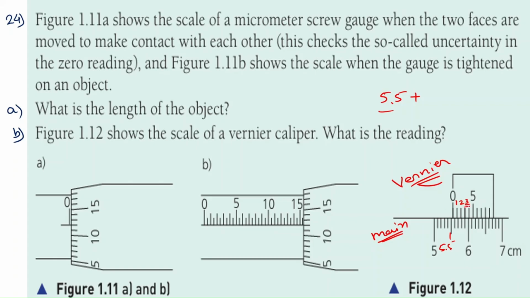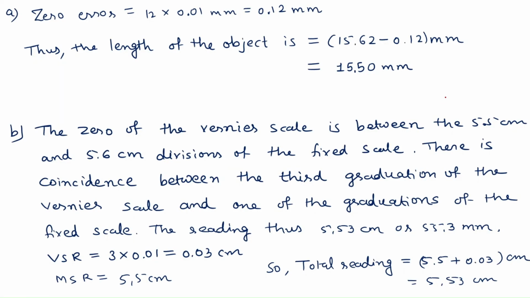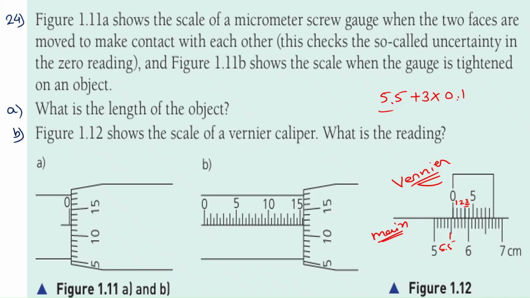So the third one, you have to write the divisions of the vernier scale into the least count, which is 0.1 mm, sorry, 1 mm. Okay, but if you have to write in centimeter, because it is in centimeter, so 0.01 centimeter.